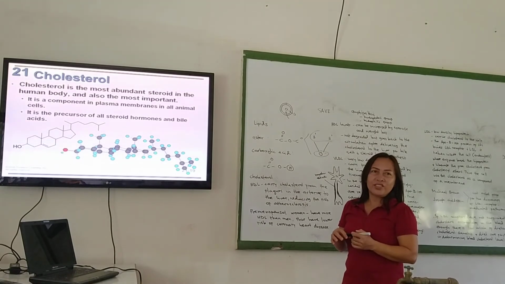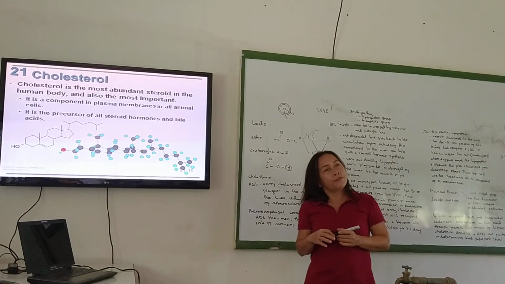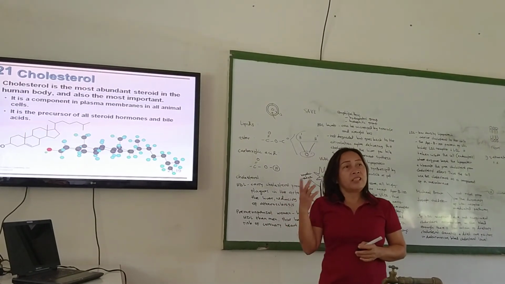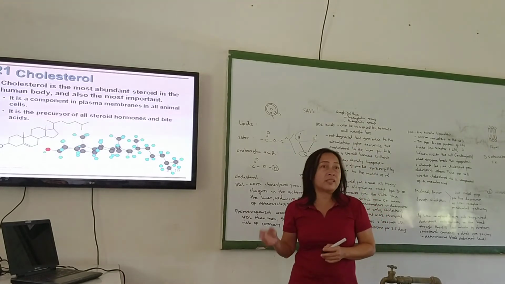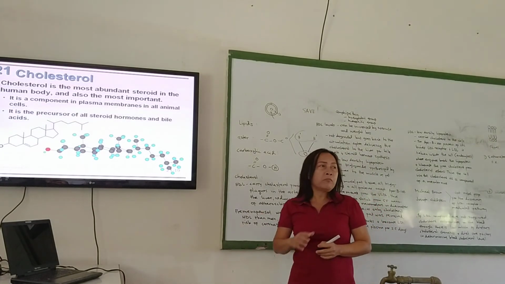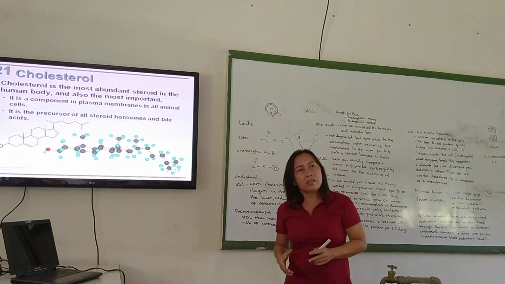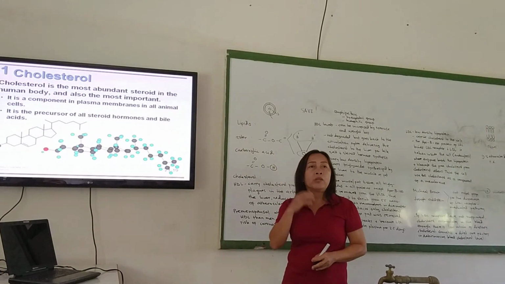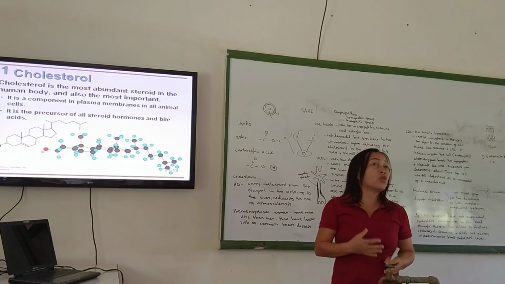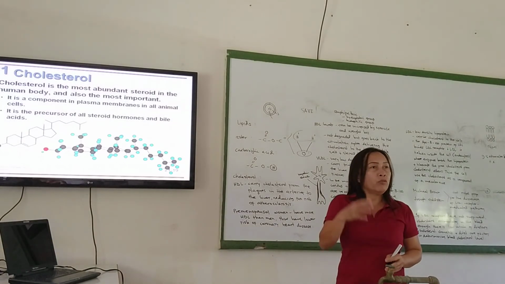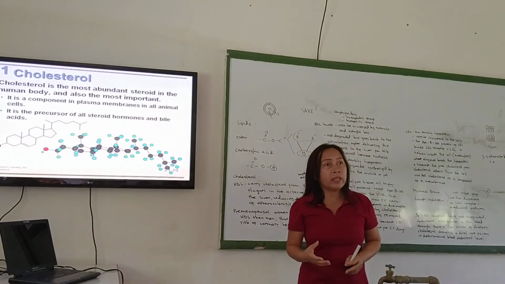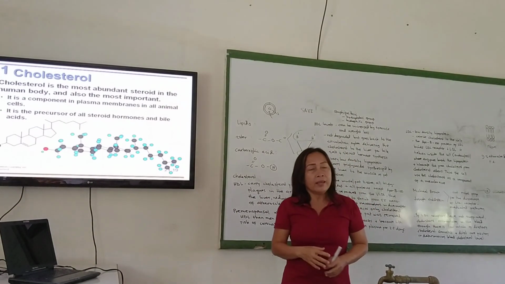Estrogen. What gives you the female secondary characteristics is the estrogen, and that is a steroid. What makes you man is the hormone testosterone. Now, the precursor molecule is cholesterol. When you say precursor molecule, it is the original molecule.